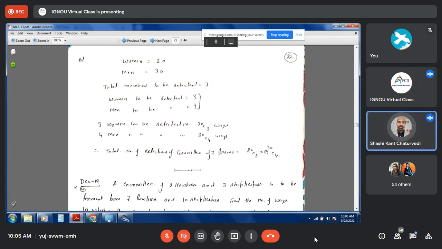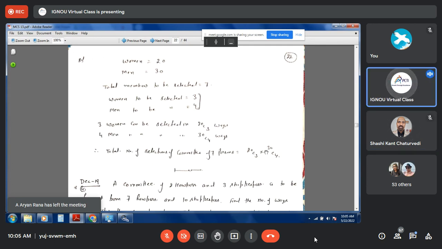It's a bigger number, no issue, but we need a calculator also. You can leave it here, but better calculate it. Try to calculate it. Otherwise, use the formula nCr. You can solve it very easily. Solve it at home. Otherwise, I will help you in the next class.